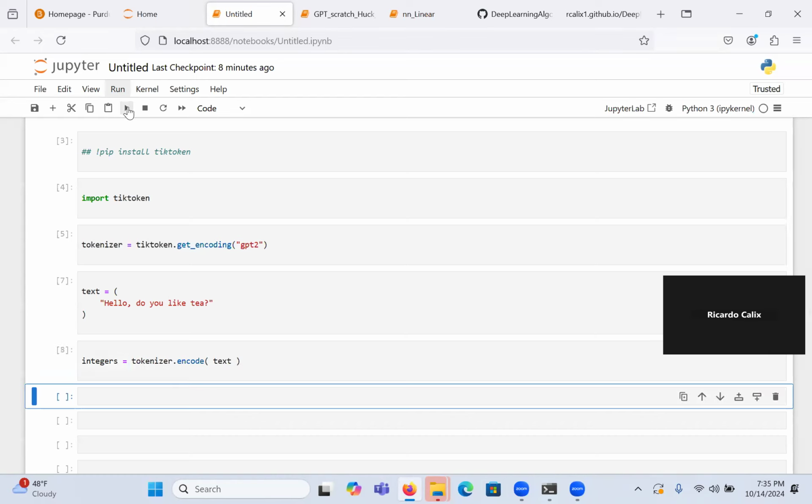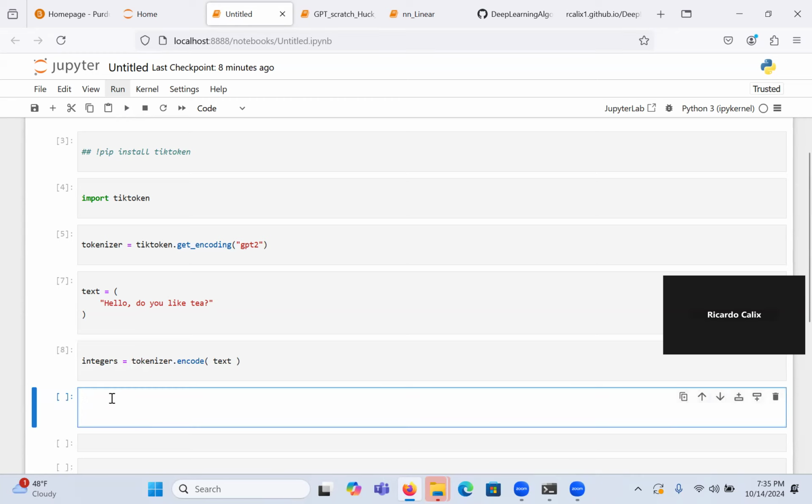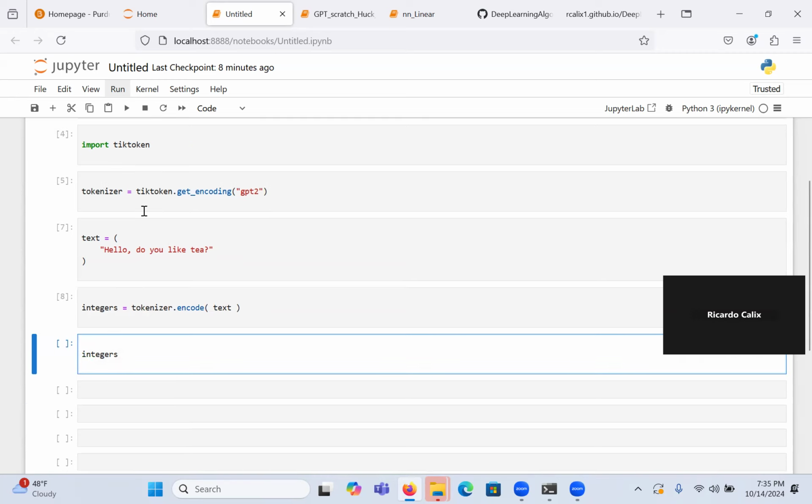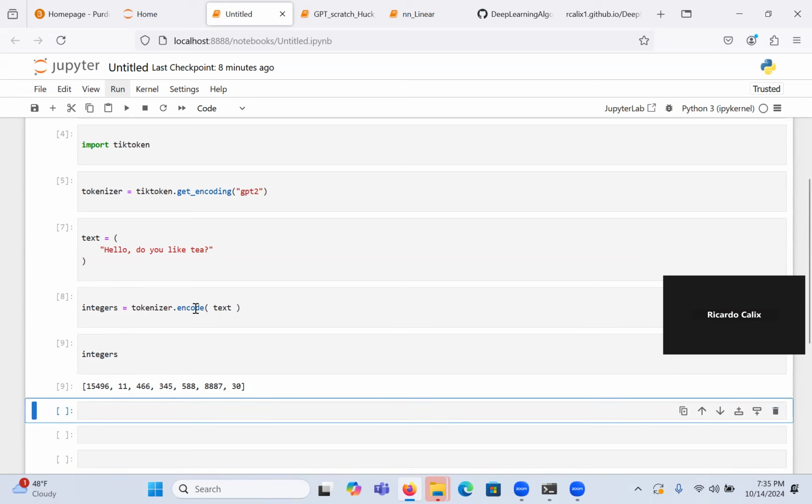So now I've generated the integers, so I'm going to print them out. And there you go. So instead of creating it, we are taking advantage of this more powerful, better dictionary. So I challenge you in your homework assignment to use this approach instead of the one that I gave you in the example. Do you guys understand?